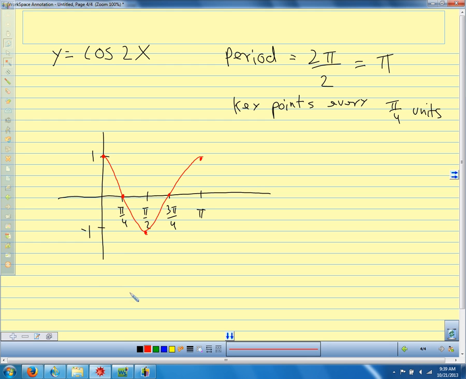And my normal cosine function, if I graph that in blue, y equals cosine x, it would start at 1, and it would be here, and it would continue on from there.